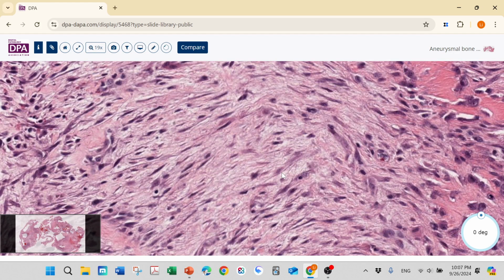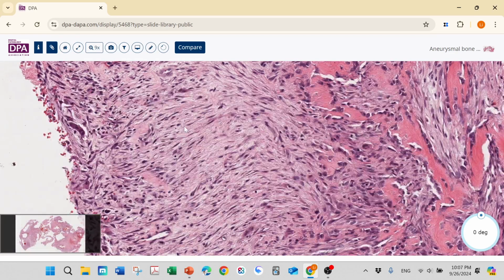If you have ever done any ex vivo culture, you will see the fibroblasts growing like this. So only this high power just mimics nodular fasciitis. But again, the whole structure is nothing like this.